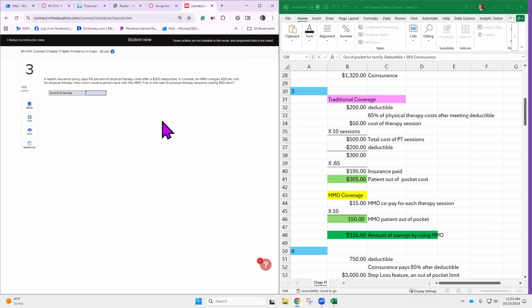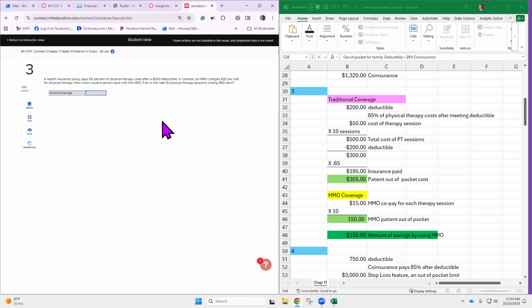An HMO is usually pretty reasonable economically, but they usually limit you to who you can go to. You have to get permission or a referral. HMOs were really popular when I was younger, but now they're not as popular because they're pretty restrictive.